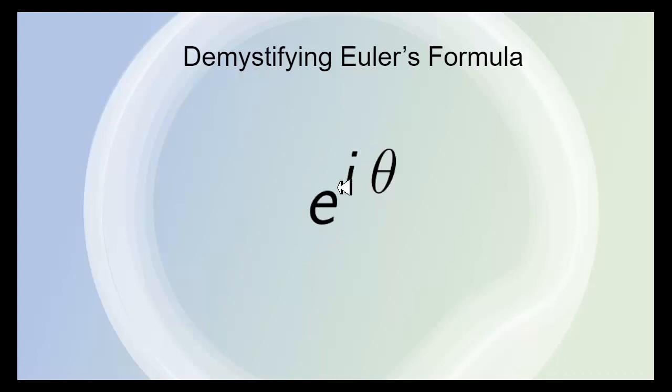I, of course, is the identity of the imaginary numbers, and I don't think I need to explain that as my last two videos were on this subject. And theta refers to what we commonly call an angle.